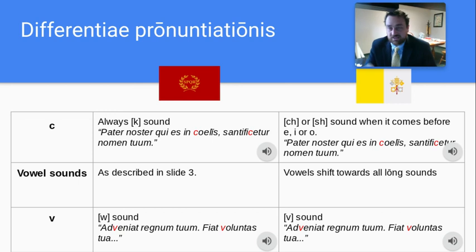You don't actually write the macrons in ecclesiastical pronunciation, but you would say them as if they had this, because they're all going to become lengthened vowels. Adveniat regnum tuum, fiat voluntas tua.